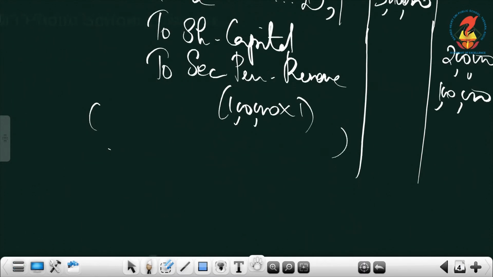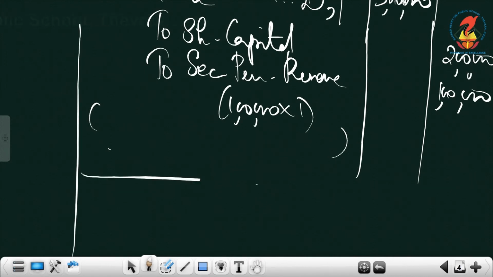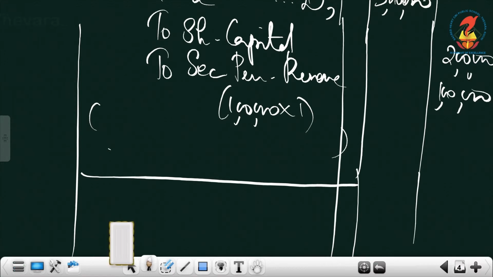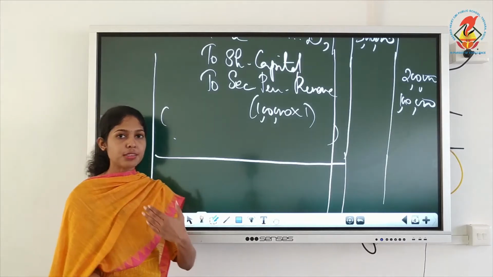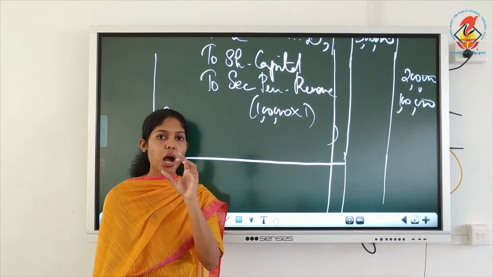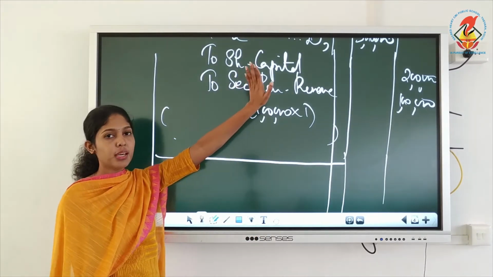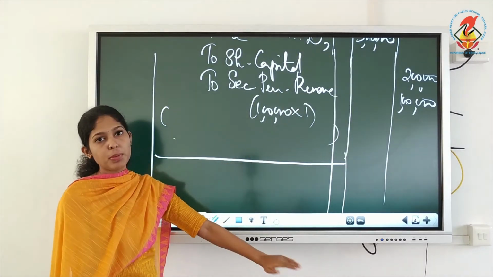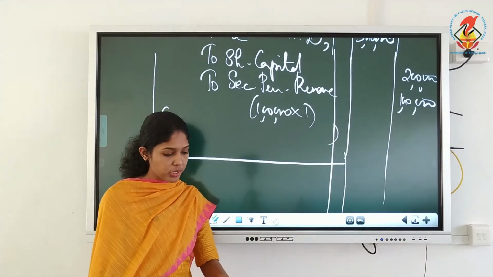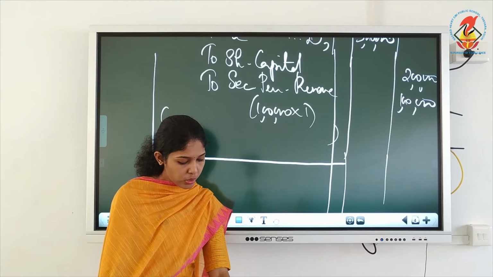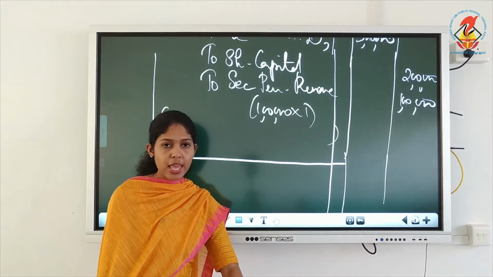Now what should we write? Don't forget the next entry. Are we going to write the amount received entry? No, you are supposed to write the prorata entry in between allotment due and allotment received, and you just look into the working note. What is your prorata at the time of allotment?